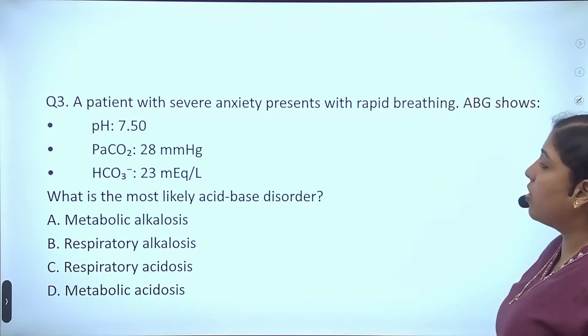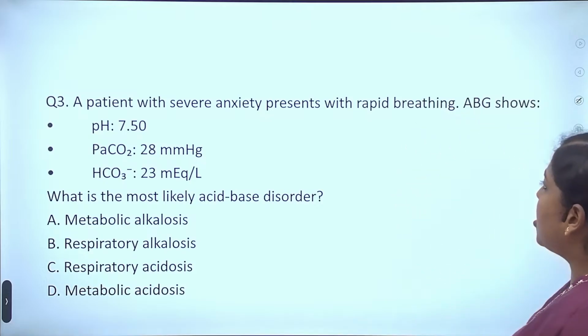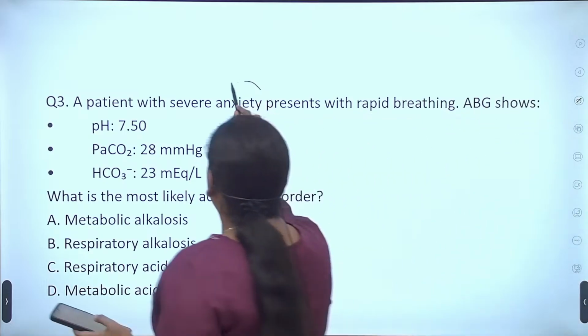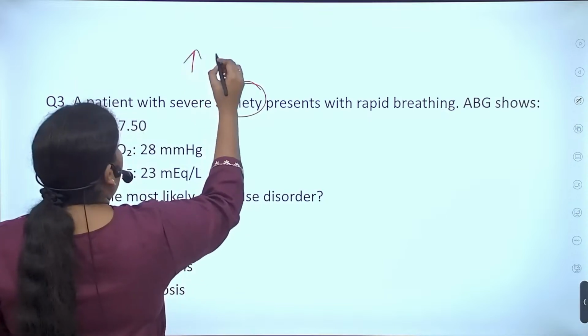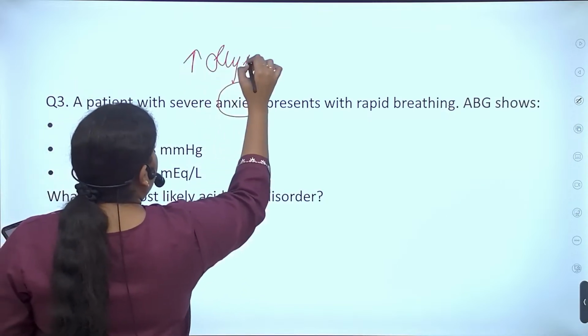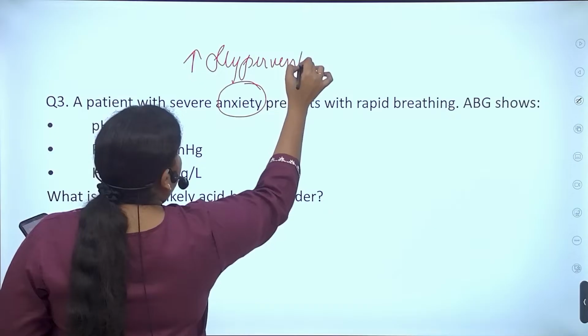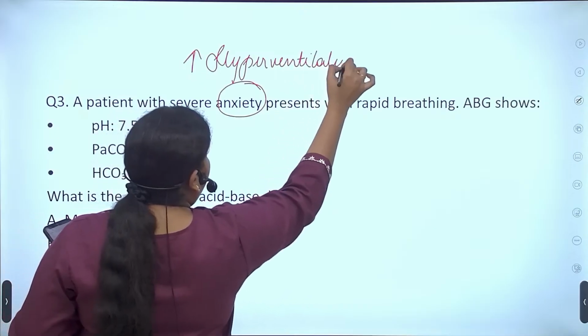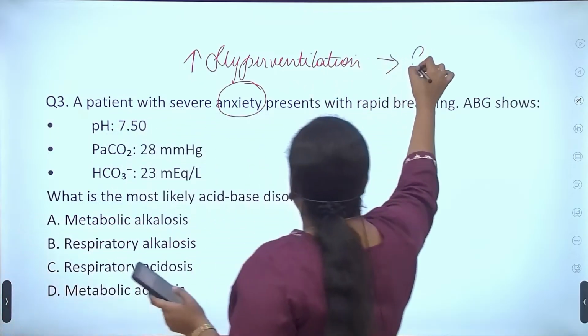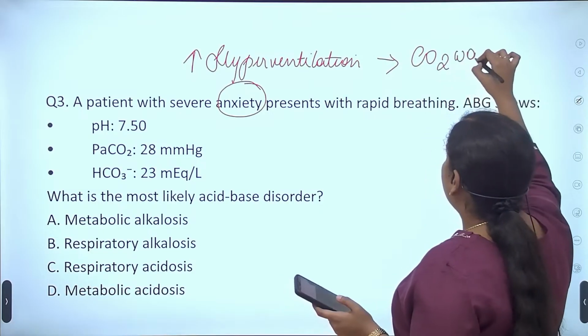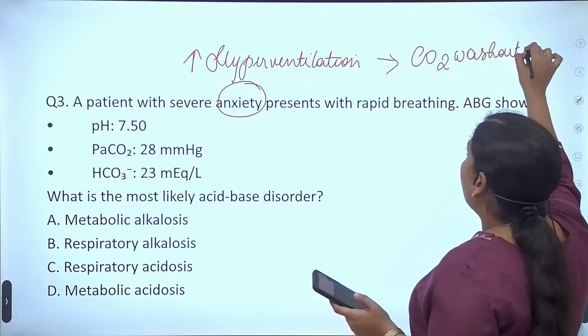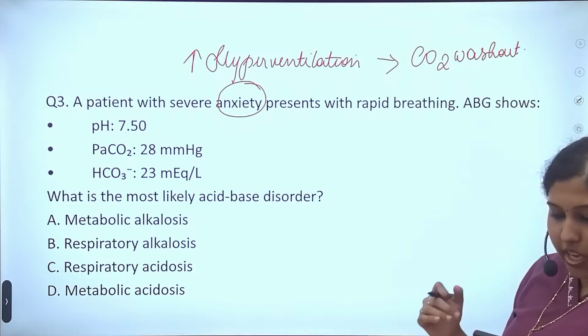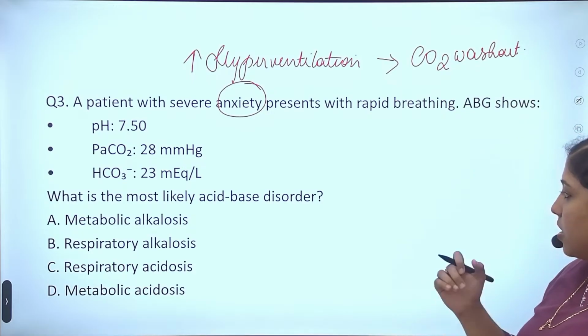So next we will go to the next question. A patient with severe anxiety: in anxiety the patient will have hyperventilation followed by CO2 washout, right? Now tell me, with the help of the ABG findings, what is the correct answer?